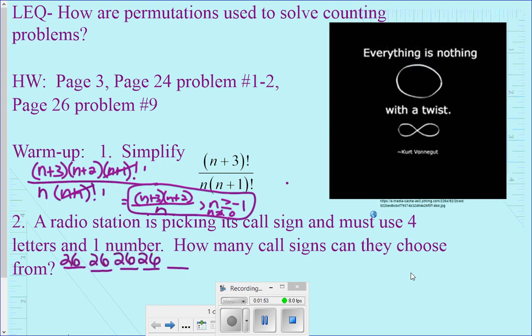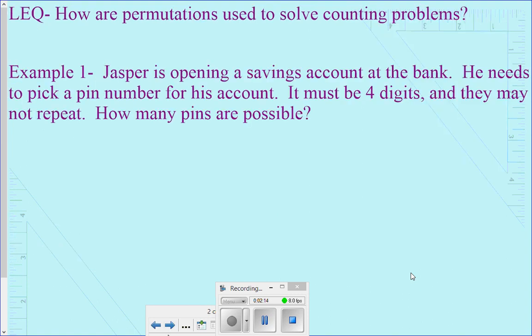And when we're talking about numbers, unless they specify otherwise, they're referring to 0 through 9, which would be 10 numbers. So then I'm going to multiply that and get 4,569,760.